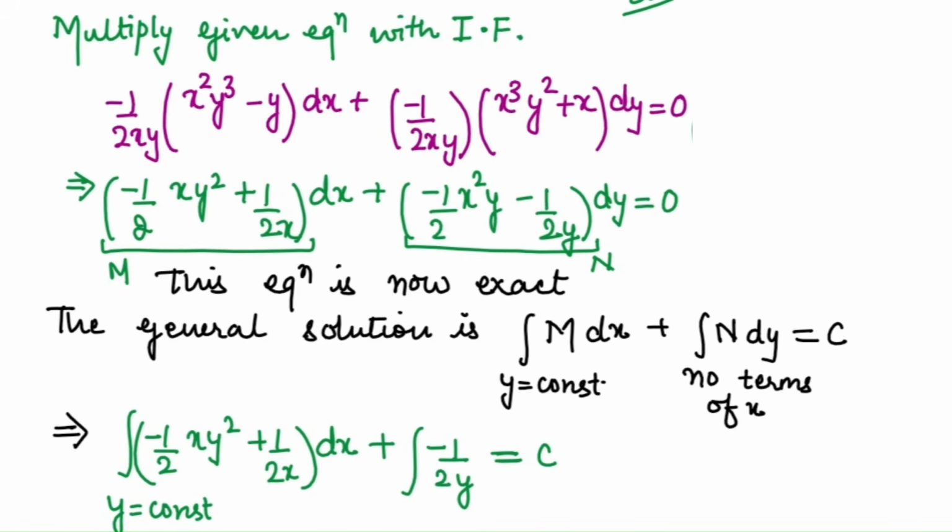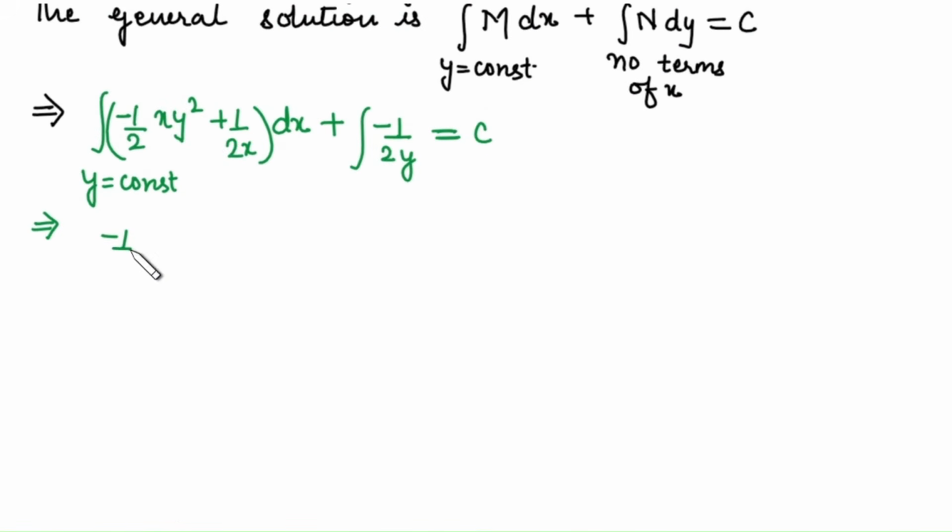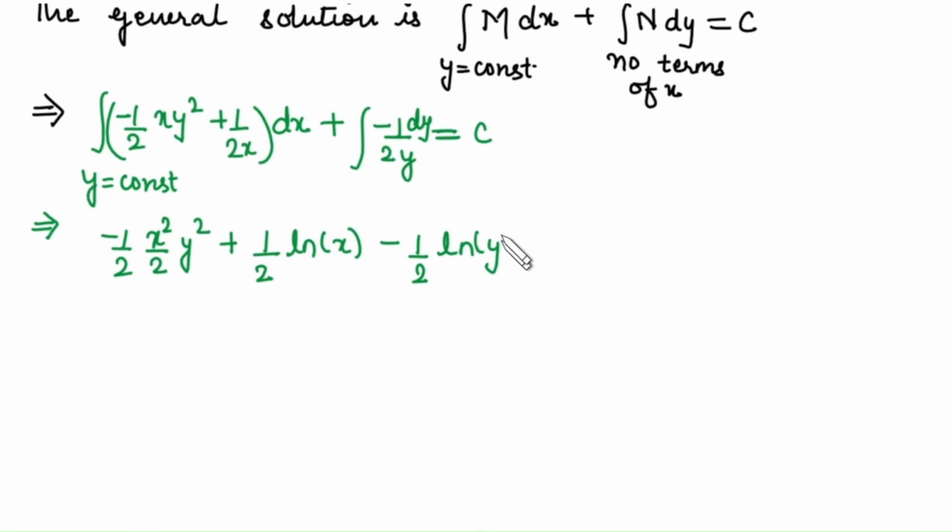Now let's solve this integration. Minus 1 by 2 as it is. Integration of x is equal to x square by 2 and y square is constant, that is as it is, plus 1 by 2. 1 by x integration is log of x, minus 1 by 2 is outside. 1 by y integration with respect to dy is log of y is equal to constant.